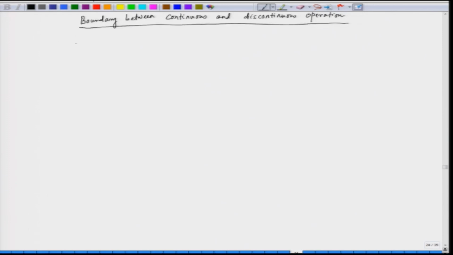We can say that beta is equal to pi plus alpha. This is the boundary condition; after that the current becomes continuous. Let us see when this happens. This happens when beta is equal to pi plus alpha.